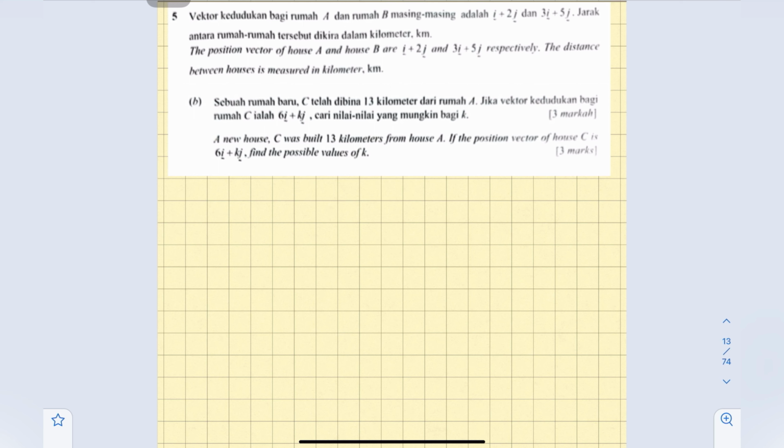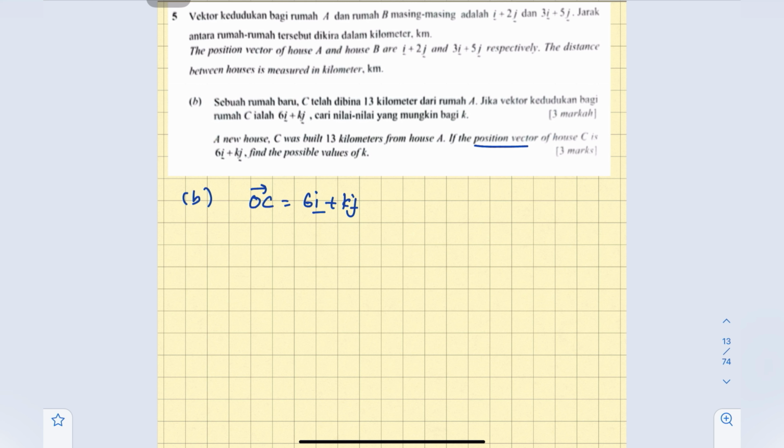B, a new house C was built 13 kilometers from house A. If the position vector of house C is 6i plus kj, find the possible values of k. Given the position vector of C, OC equals 6i plus kj. The distance of C from A is 13 km.